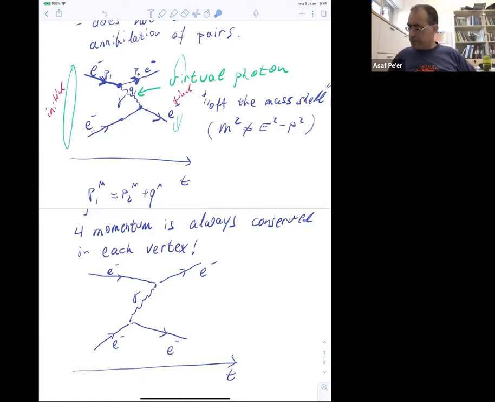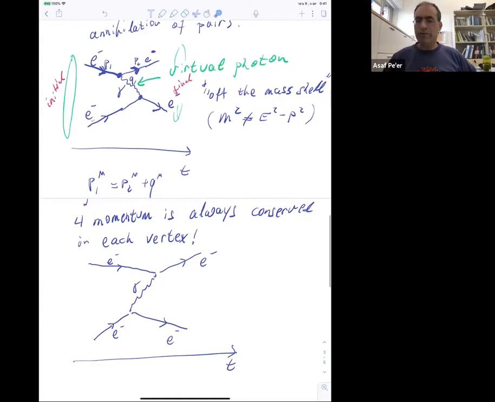Essentially, both of them represent transfer of momentum from one electron to the other, which we interpret as a force, right? Change of momentum between two particles. We said this is because there is a force between them.